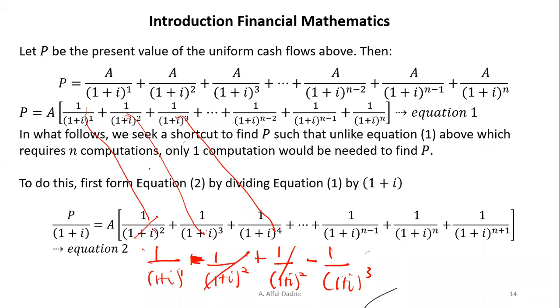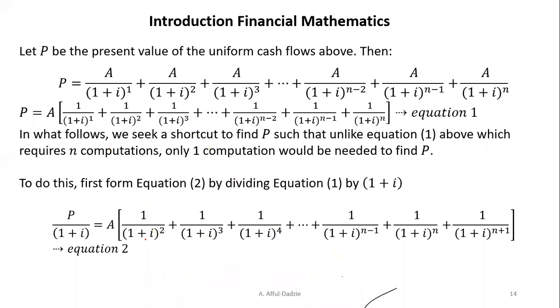So 2 has a partner here because we're subtracting. This has a partner here. This has a partner here. Whatever is in between them all has a partner. This guy has a partner. N has a partner. It is only left with this guy here, 1 over 1 plus I to n, and this that do not have a partner. So just think about it like that.